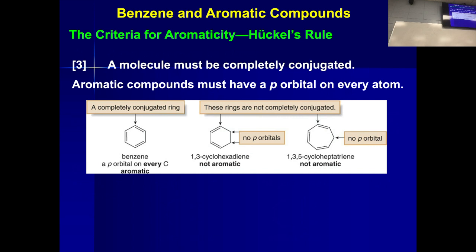The molecule must be completely conjugated, meaning I can draw an infinite number of resonance structures for it. Benzene is completely conjugated. It means that I have a p orbital on every carbon atom. Okay? So it is completely conjugated.